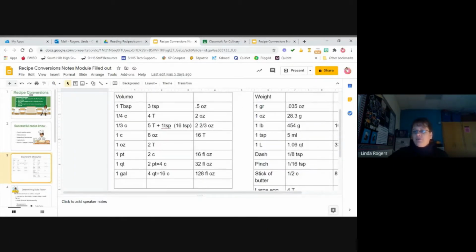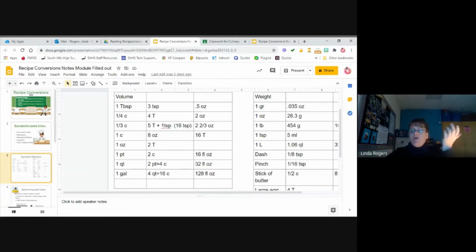Let's look at a tablespoon. 1 tablespoon in the second column is equal to 3 teaspoons. Okay. So sometimes, let's say you have to cut a recipe in half, you would need to convert tablespoons into teaspoons and then divide it in half.